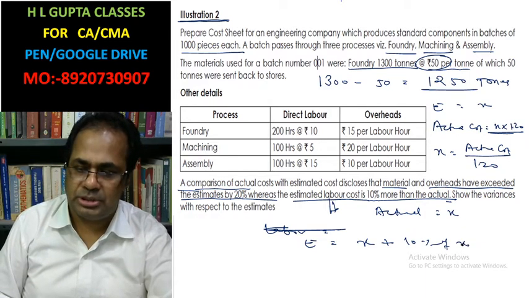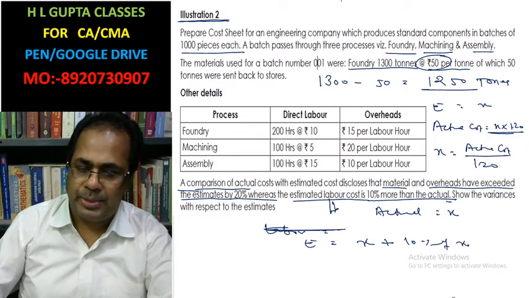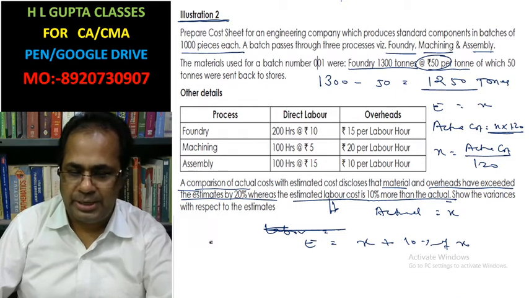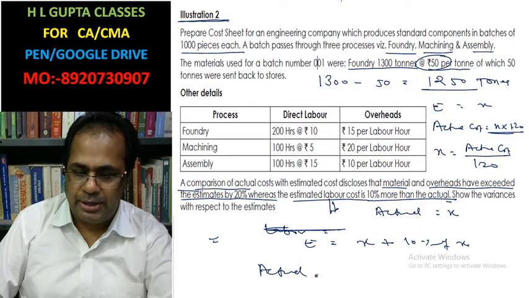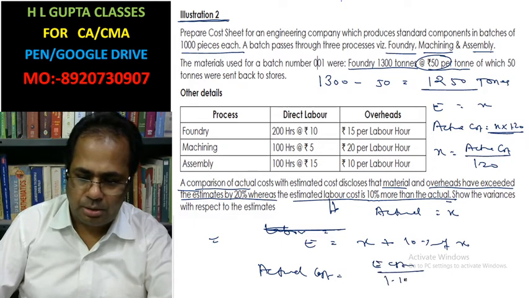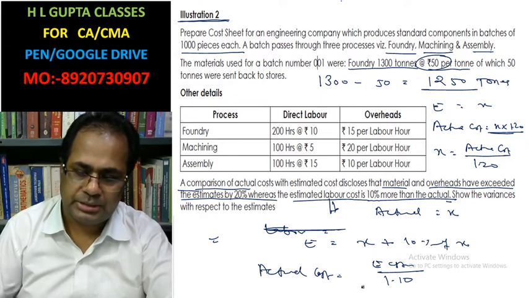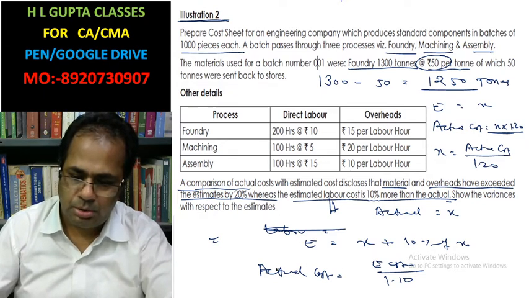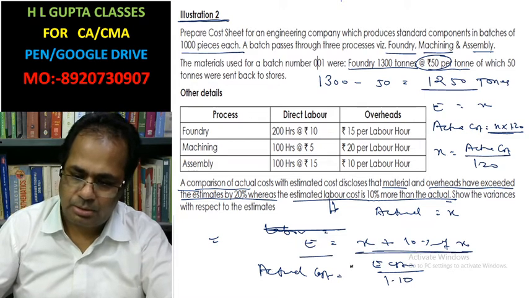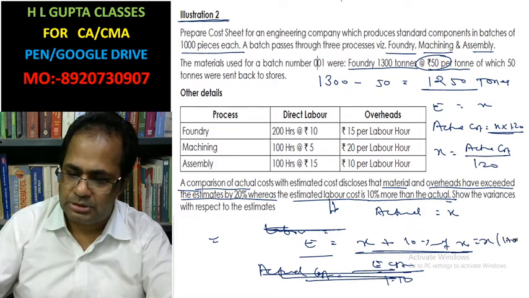It means the estimated cost is x into 1 plus 0.10, and the actual cost is calculated as estimated cost divided by 1.10.